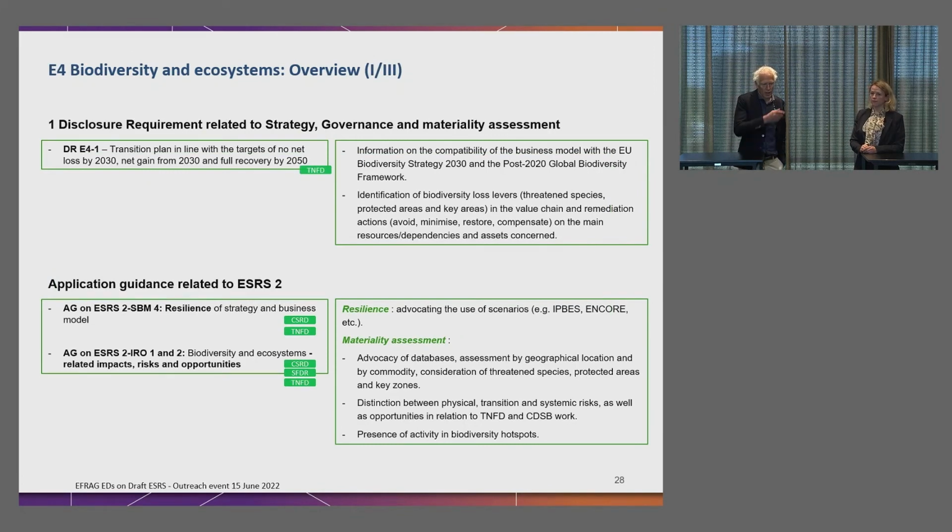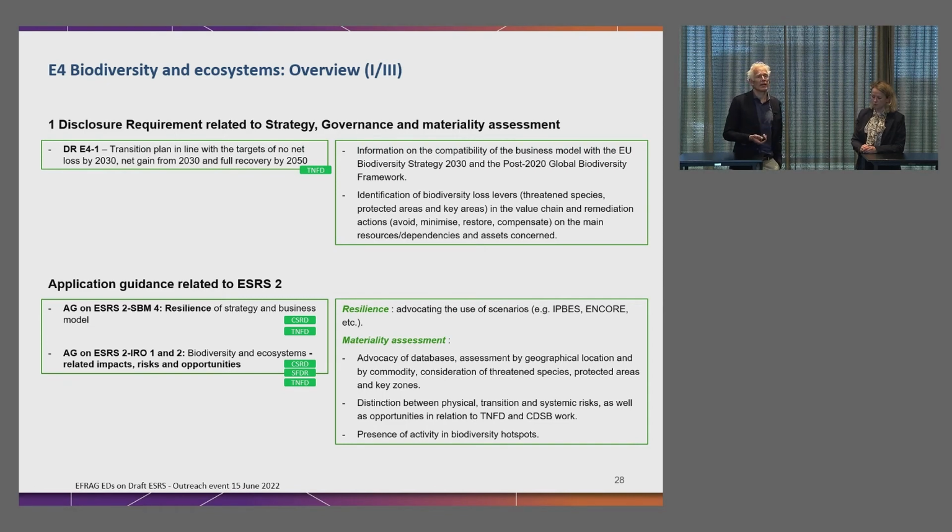So again, the same structure, and you will get a little bit tired of me sounding like a broken record, but it's again strategy, governance, material assessments, and you'll also see that coming back in this specific standard. But interestingly, we already referred to the climate standard as the one where there is a golden standard, the greenhouse gas protocol. With regard to biodiversity, there is not yet that surviving standard.